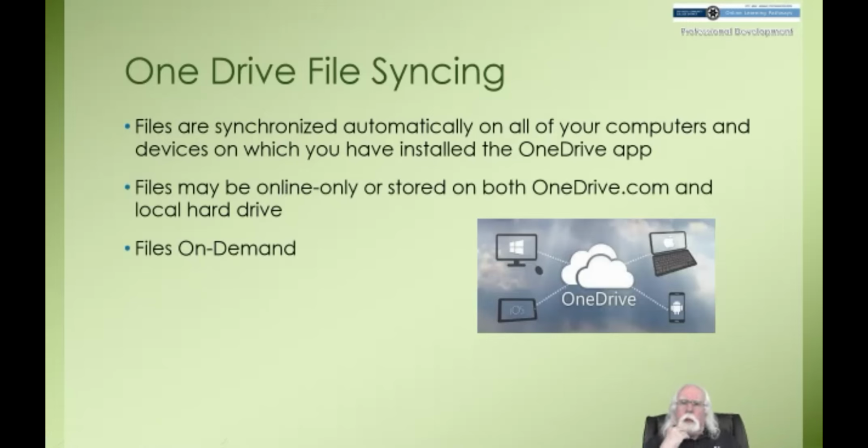Now, by default, these files will be online-only files. That is, they'll only exist in OneDrive. And if you want to work with one of them, you just access OneDrive in one of the ways we've seen, and click on that file, and then that file will automatically be downloaded to your local computer where you can work on it.